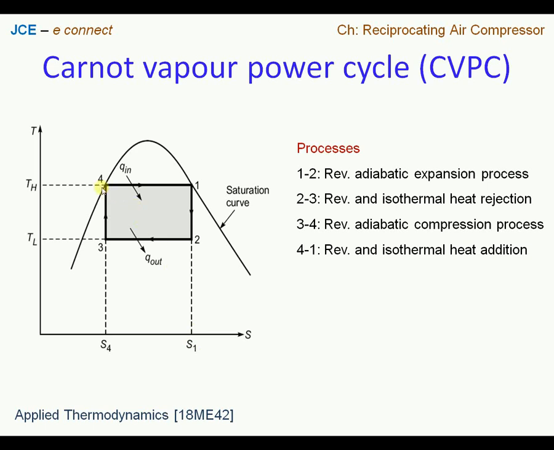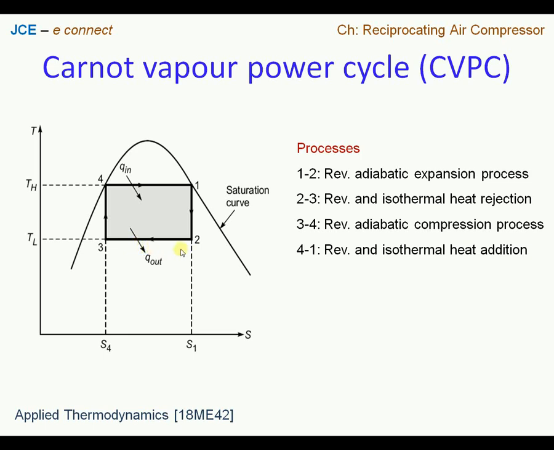Now moving forward, process 4 to 1 represents a reversible and isothermal heat addition process. So we have heat being added from 4 to 1, and this is happening at a constant temperature condition, at high temperature T_H. So this is about a Carnot cycle representing a steam power cycle on a TS plot.